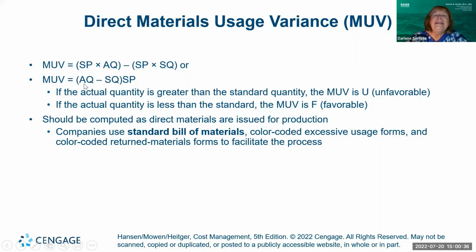This is what we did use for our actual production. If actual is greater than standard, then the variance is going to be unfavorable. If actual is less than standard, then it is a favorable variance.